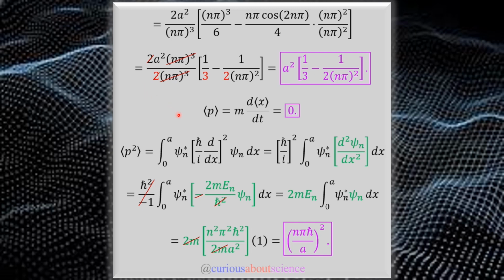Thank you to Ehrenfest, we can save ourselves time using his theorem, and the expectation of momentum is equal to m times the time derivative of the expectation of position, which of course does not vary in time, so that goes to 0, and that's a lot simpler than these integrals.